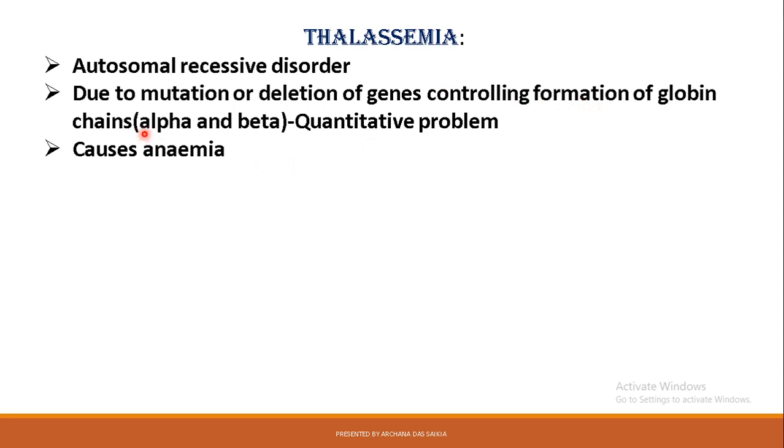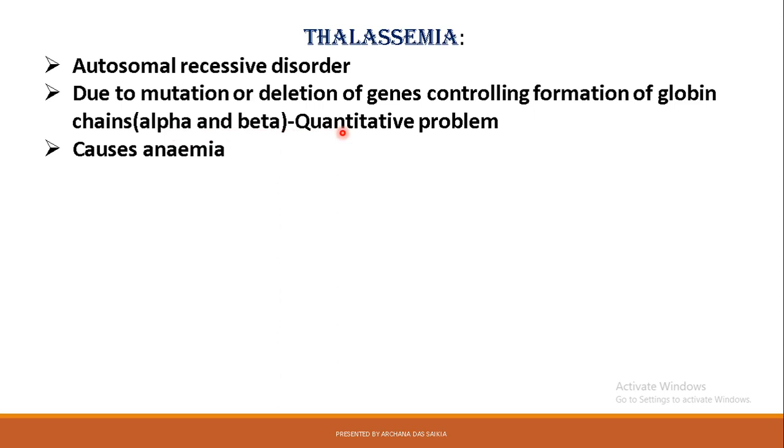Just now I had mentioned that in sickle cell anemia, the hemoglobin is made up of alpha and beta chains, and in sickle cell anemia, one of the beta chains is affected. Now in thalassemia, what happens? Both alpha and beta can be affected. It is referred to as a quantitative problem.